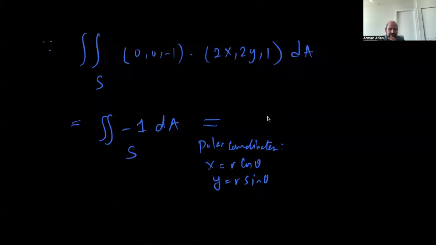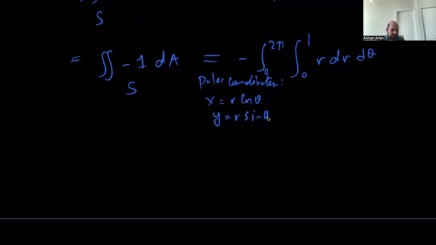We can write dA in terms of dx dy, or with polar coordinates, as r dr d theta. So in this case, we'll have minus the integral from 0 to 2 pi and 0 to 1 of r dr d theta.